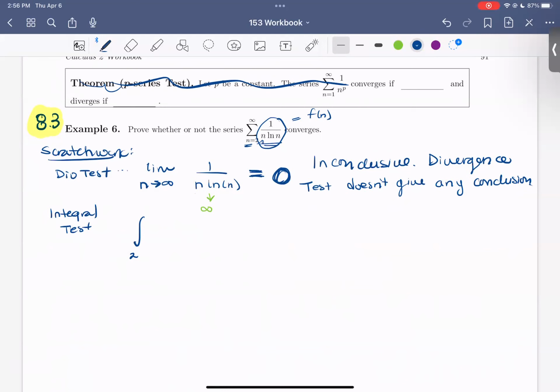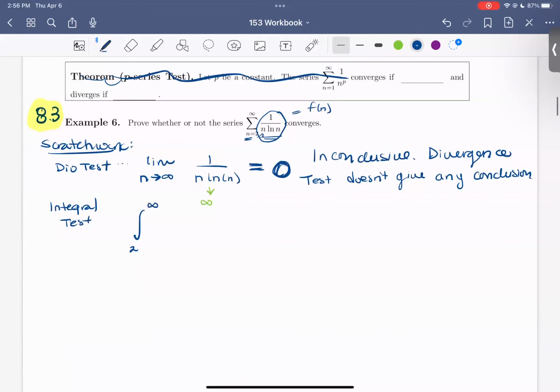So a small point: we need to start at 2 and go to infinity of the integral of 1 over x ln of x dx. That will be the limit as b goes to infinity of the integral from 2 to b of 1 over x ln of x dx.